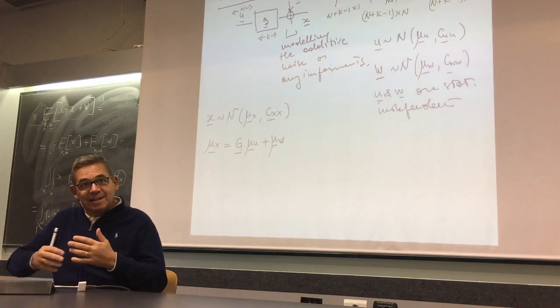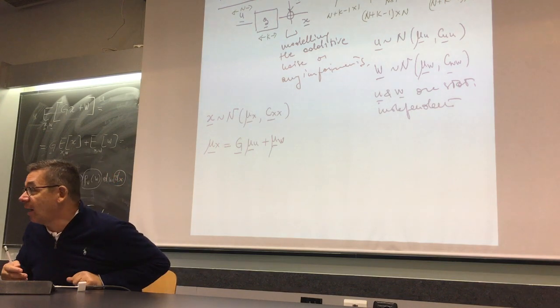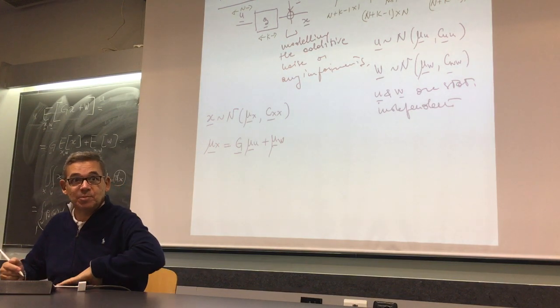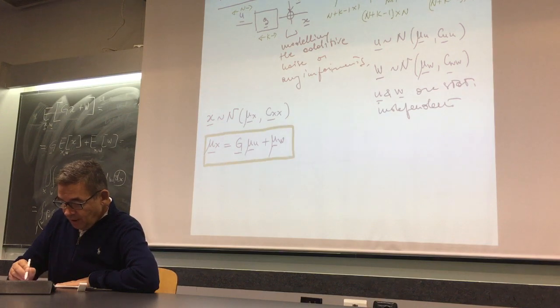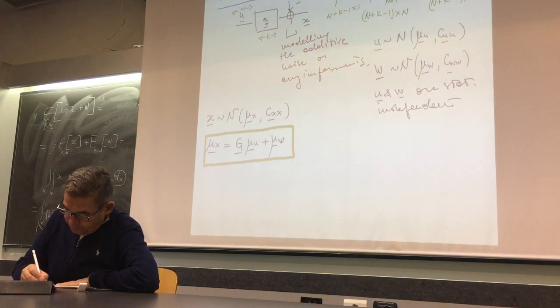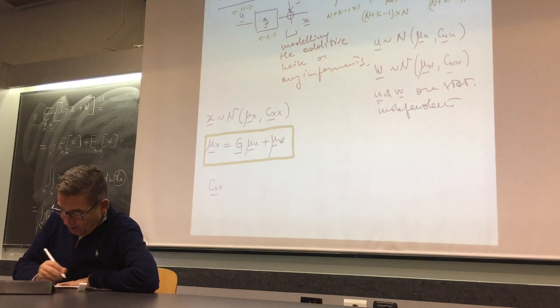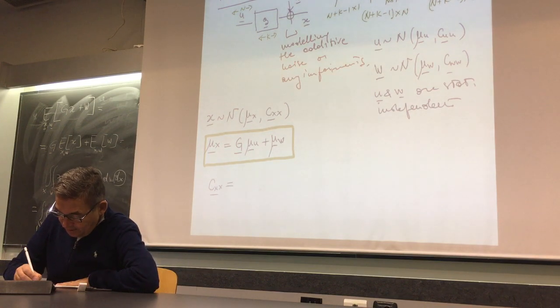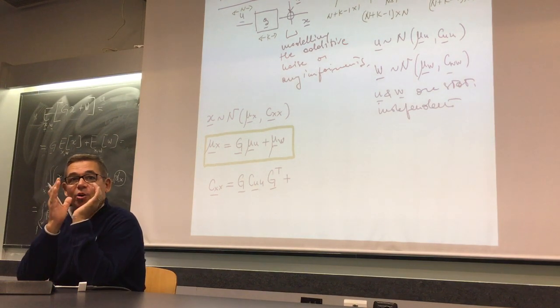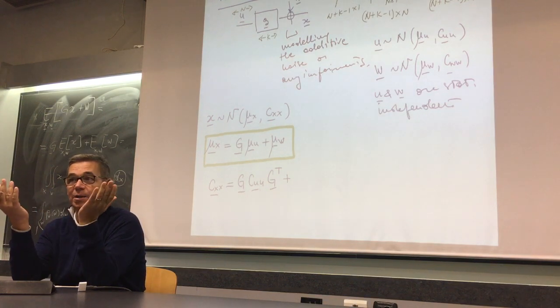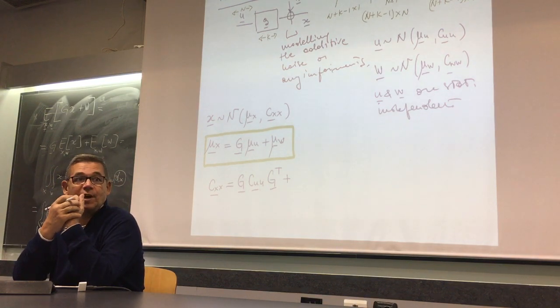As I said, I'm setting the background so that our discussion will be as smooth as possible for the next part. So again, this is the general property number 1. The general property number 2 is that the CXX, the output, we know that it is G CUU G transpose, plus, now, if I need to calculate the covariance of the sum of two independent variables, the covariance is the sum of the covariances.